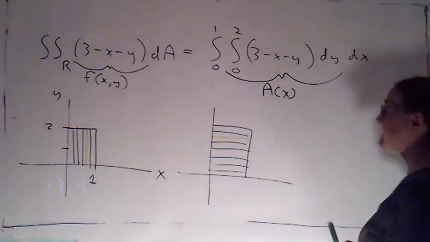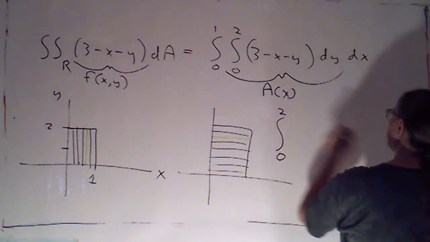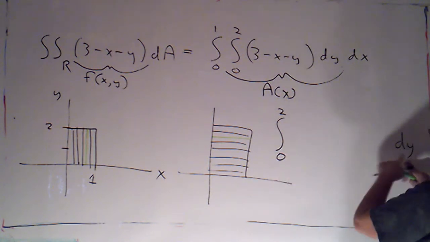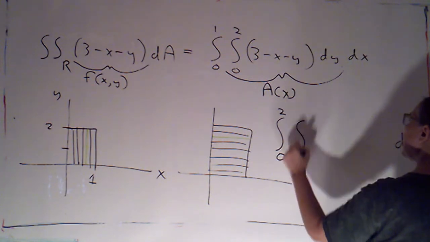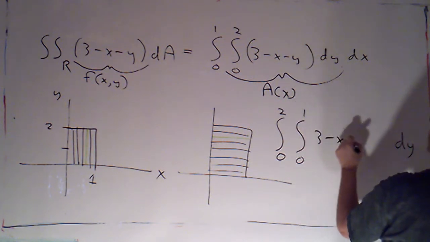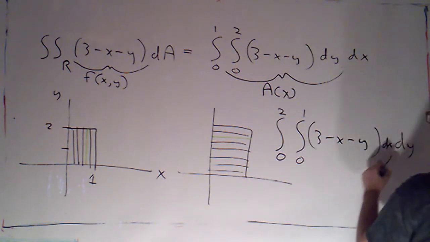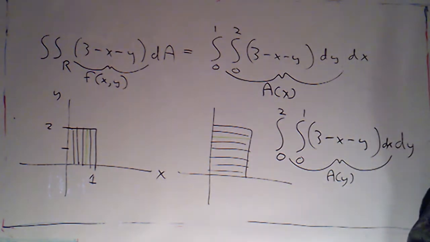If I did things this way, my outside integral would be the integral that has me multiplying by the thickness of the slice and adding up the slices. My inside integral would have been the integral with respect to x. That would be finding the cross-sectional area I get if I hold y constant.